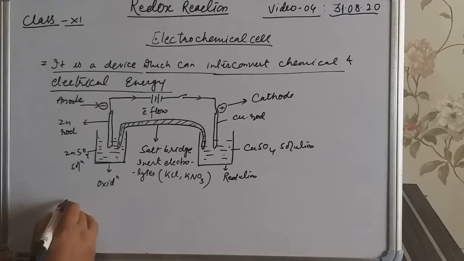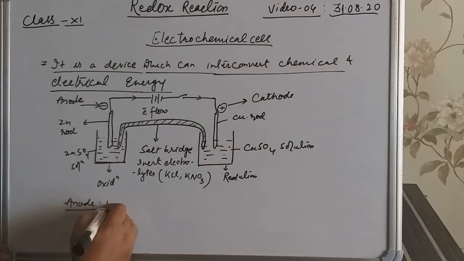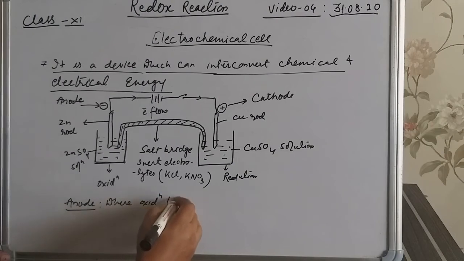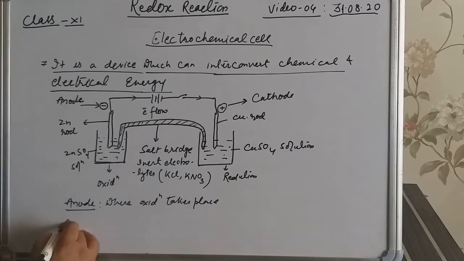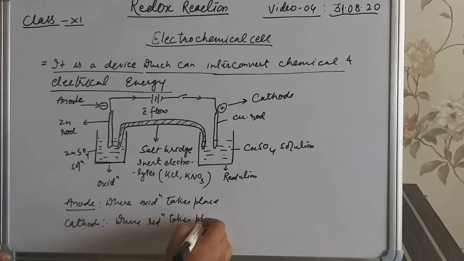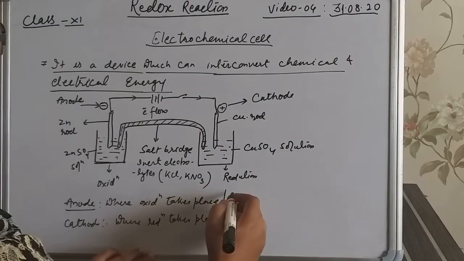So what happens at the anode? At the anode oxidation takes place, and at the cathode reduction takes place.